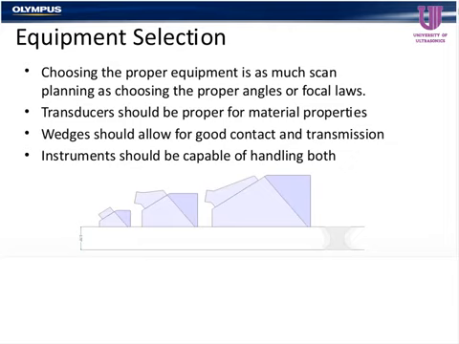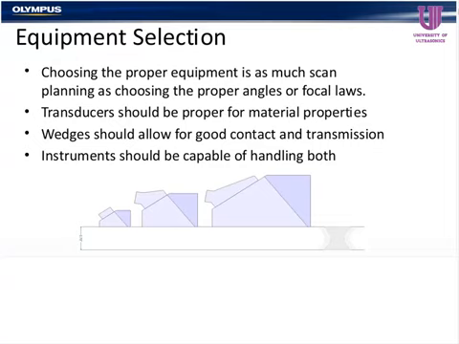First and foremost, we need to make sure we're choosing the transducers that are proper for the material we're testing. So we need to consider differences in material type, such as maybe the difference between how our sound waves react to traveling through carbon steel versus traveling through some form of stainless.